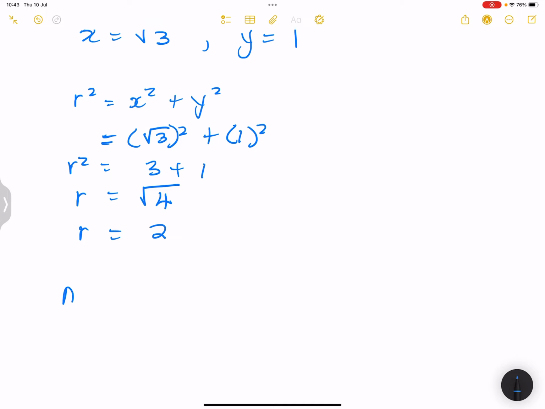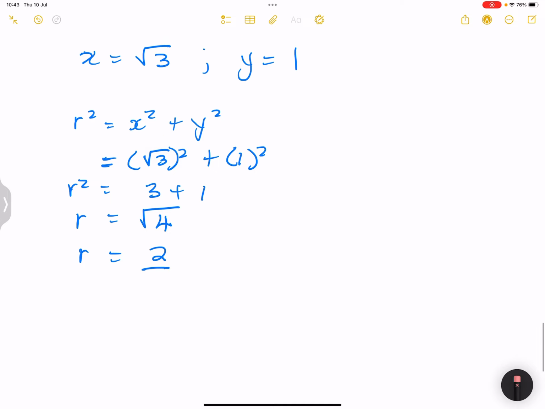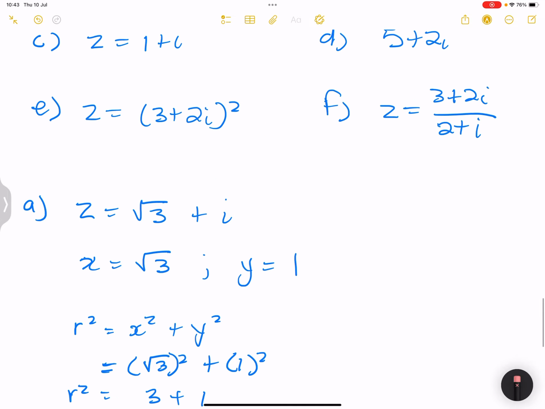Our argument, now we've got the r value, we've got the x value, we've got the y value. So what I'm going to do is simply say, now I can take any of my trig ratios. I'm not limited to just taking tan, but it's easier always to take tan, particularly when you're given the complex number, because you've got the x and the y.